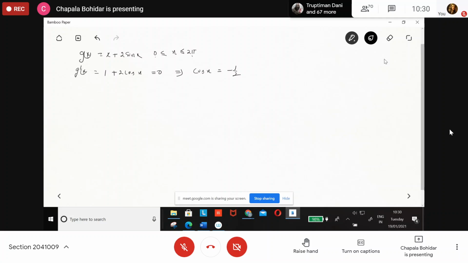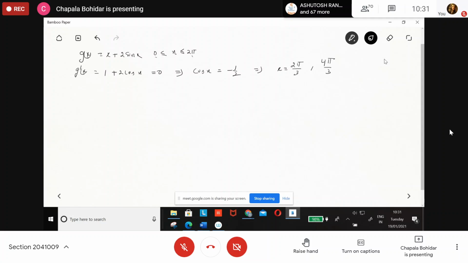So on our interval 0 to 2 pi, x is equal to 2 pi by 3 and 4 pi by 3.